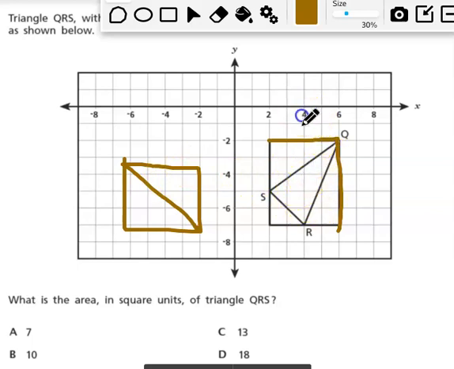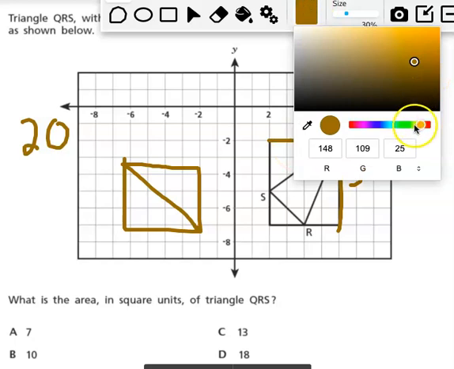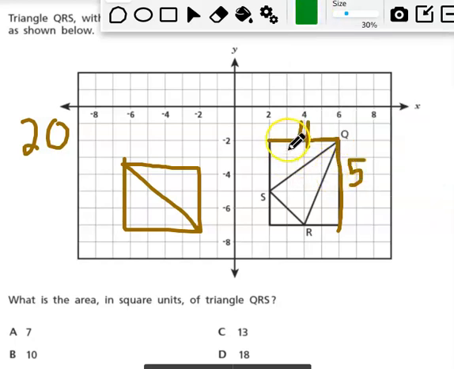So all you're gonna do is just say 4 times 5. That's the area of the entire thing, which we know is 20. Then minus this area, minus this area, and minus that area. So whatever you cut out, what remains is this.